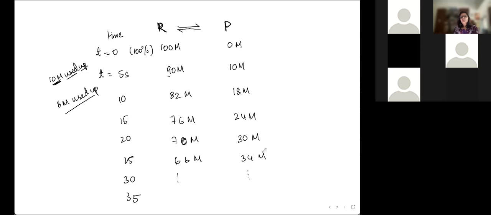Then suddenly you'll hit a point, not 35 maybe, I keep measuring. Then let's say 5 minutes later, I'll put a line. There's a time skip here. So 5 minutes later, I see that as the reactant reacted, there's only 15 moles of the reactant remaining.